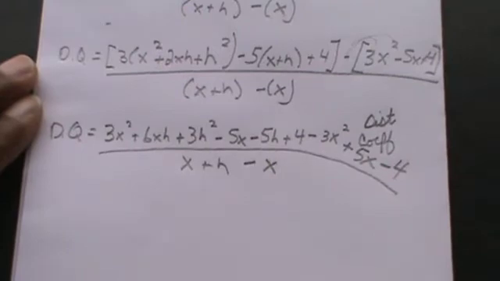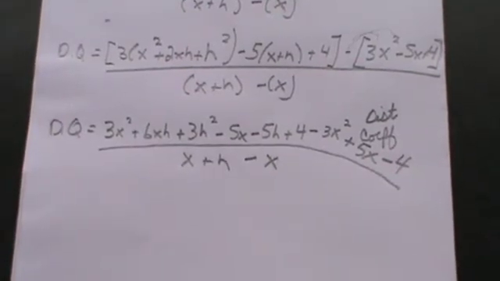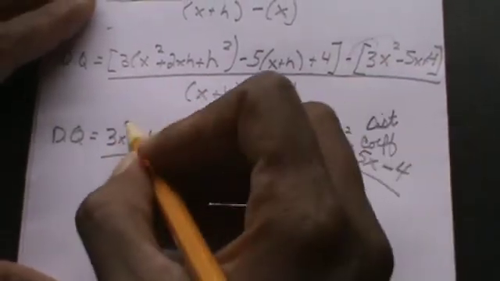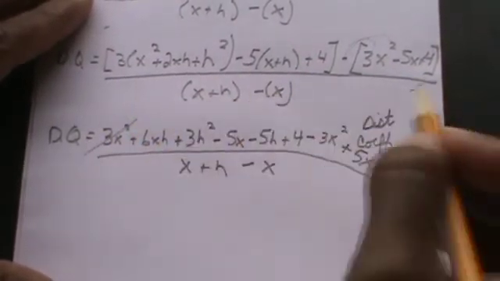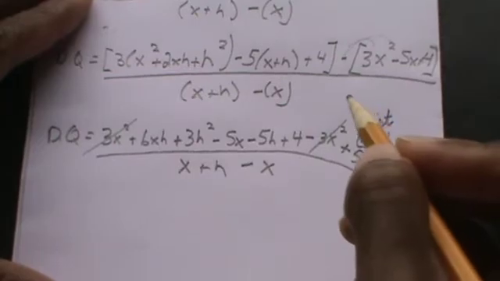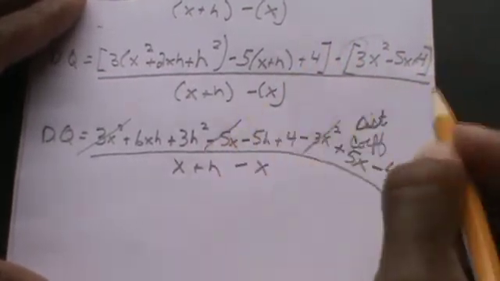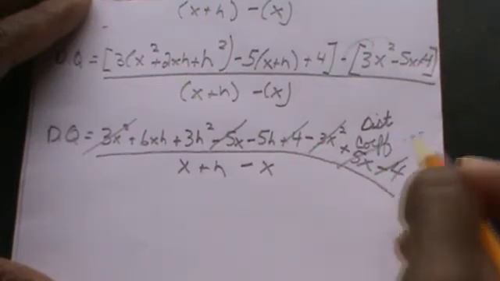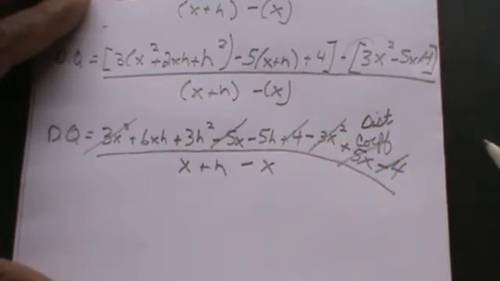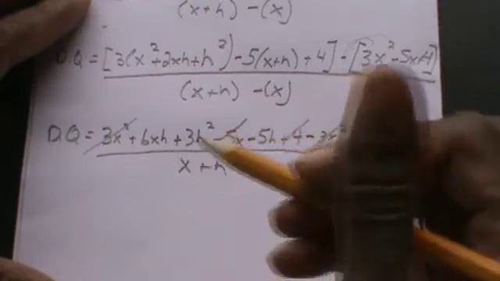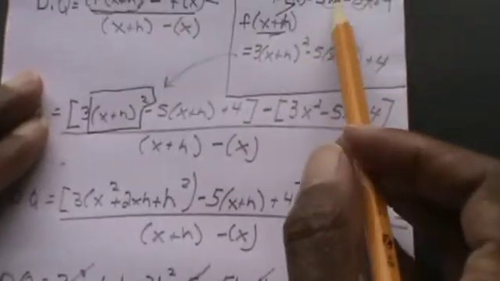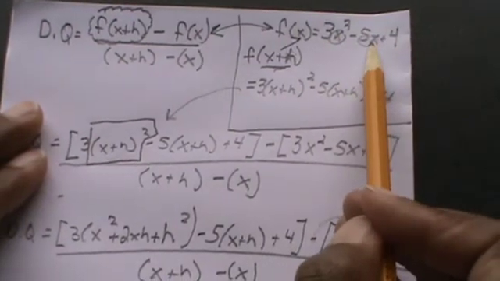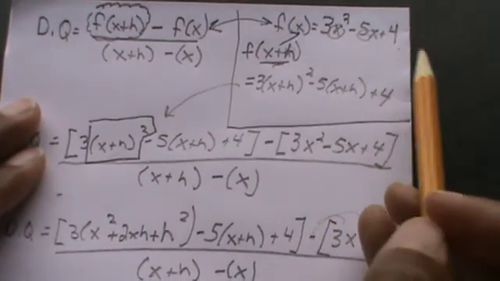Alright, so at this point, it would be nice to see if anything in the numerator cancels or anything in the denominator cancels. And indeed it does. Look, we see positive 3x squared and negative 3x squared. We also see negative 5x and positive 5x, and positive 4 and negative 4. Okay, if you were to reflect on that, you'll notice that everything that I canceled goes back to your original function. 3x squared canceled, negative 5x canceled, and 4 canceled.